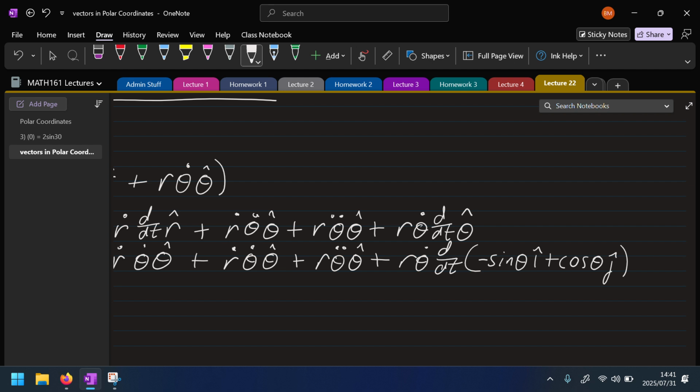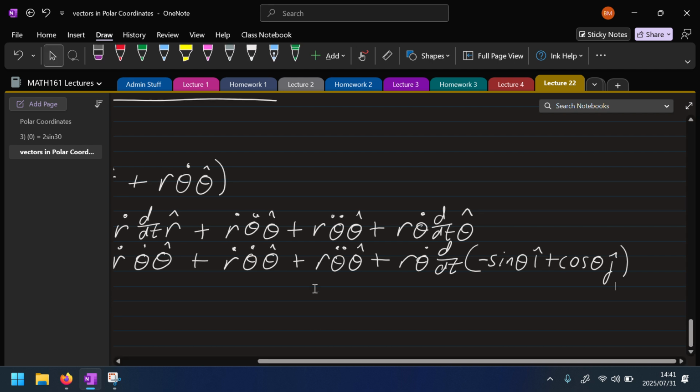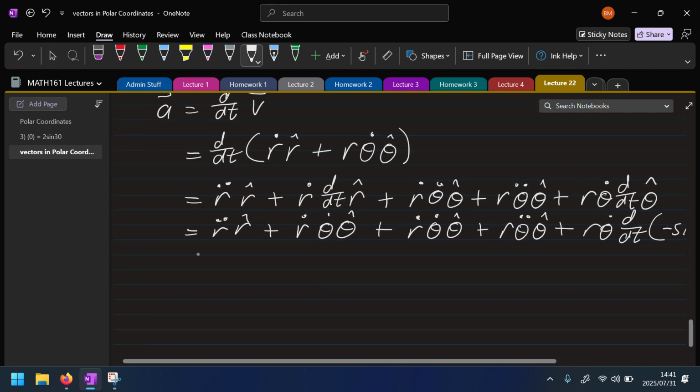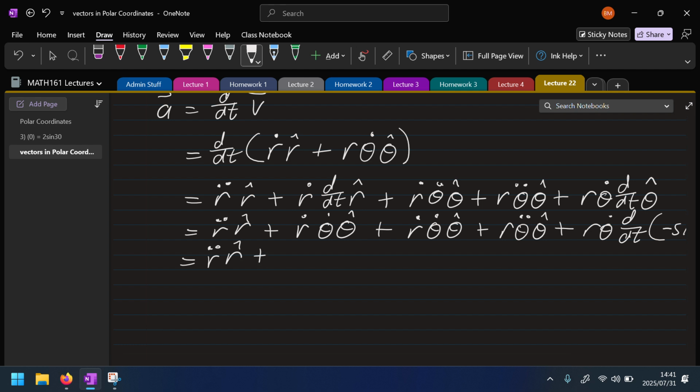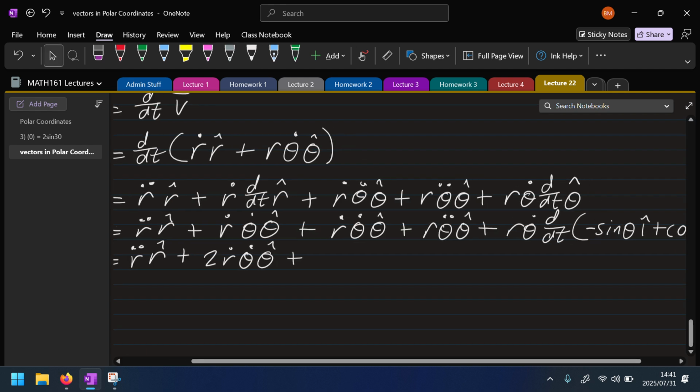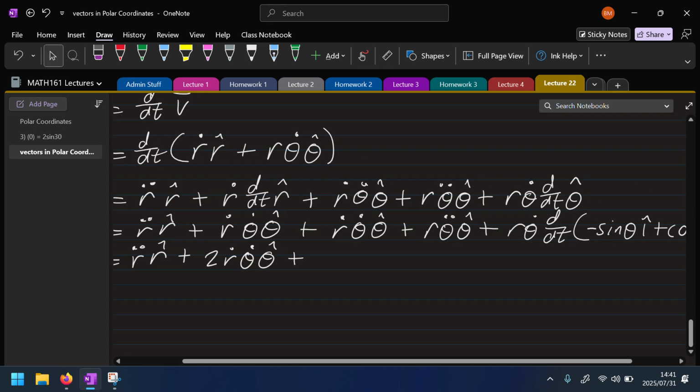And then we can do the time derivative, and remember, all of that depends on time, so we have to do the chain rule there. So let's just copy everything else. So r double dot r hat plus, we've got 2 of those, so let's put that together. Then we've got the r theta double dot there.